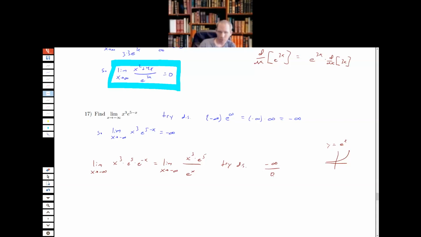So they're both sort of pushing me off to infinity, except I have a negative, so it's a negative infinity. Okay. That one is short because we don't actually use L'Hopital's rule, but I feel like it's confusing, which is why we're looking at it. Any questions on that one?